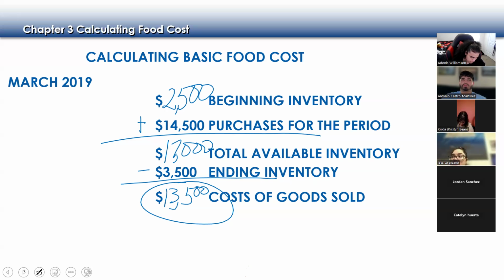Something that might be a little bit different. As a manager, you have to become an investigator. So it's not bad that we spend more money in March. Now, if we budgeted to spend 13,000, but we spent 13,500, is that bad?